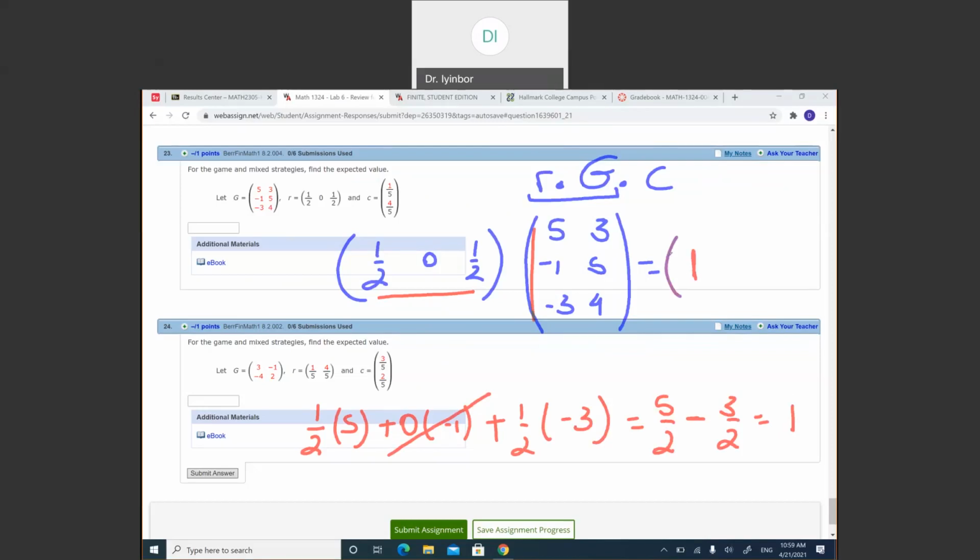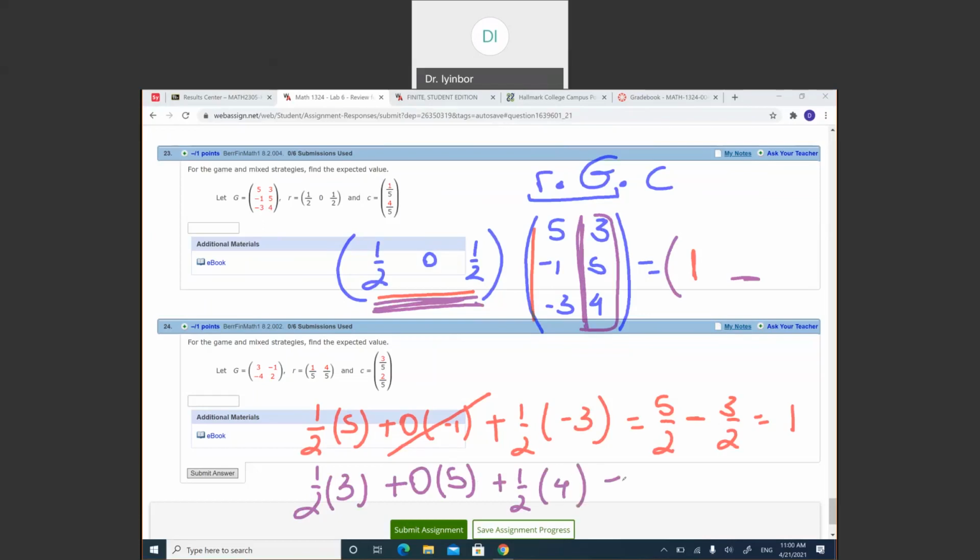And then the second number here is going to be first row and second column. So multiply the same way, this row by the second column now. So multiply 1/2 times 3 plus 0 times 5 plus 1/2 times 4.